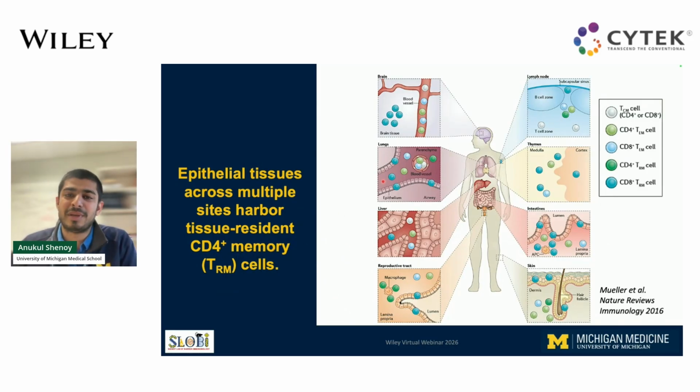So tissue-resident memory T cells are a unique subset of memory T cells that are present in multiple different tissues, and every few weeks or months, there are new papers showing presence of tissue-resident memory T cells in multiple different organs.